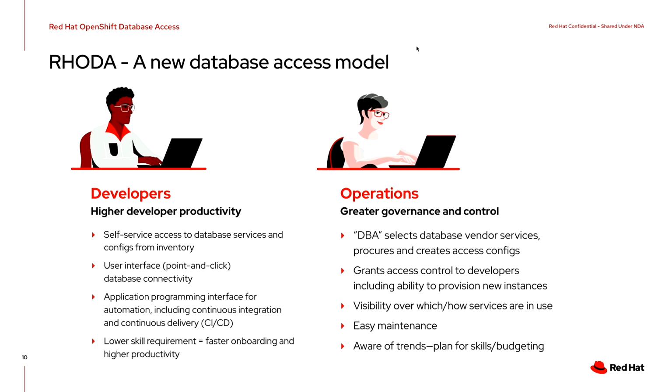It also doesn't need a lot of skills. You don't need to involve a lot of upskilling. And of course, operations is going to be happy because they can understand how to grant access control to the developers, they get a lot of visibility, and it's easy to maintain. So this is how Red Hat OpenShift Database Access will solve those issues and present a good scenario.